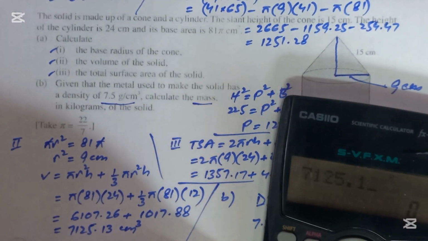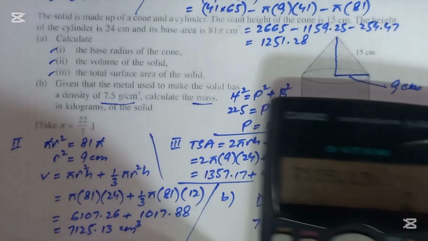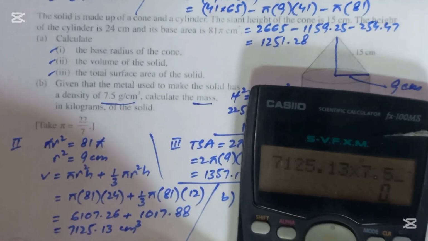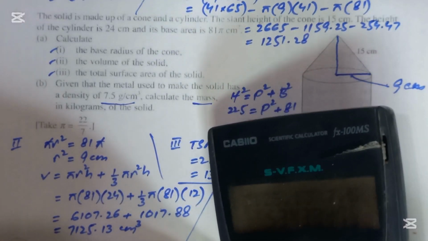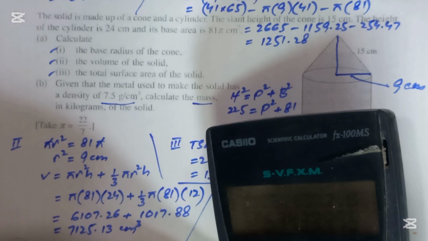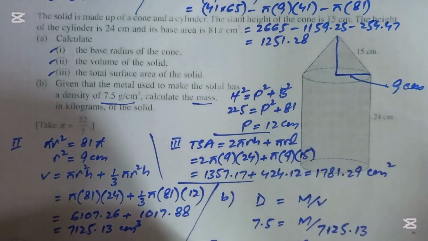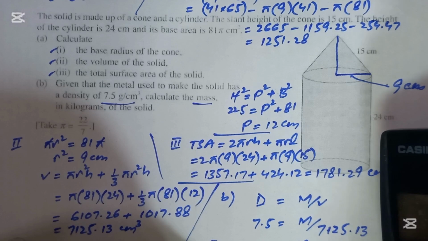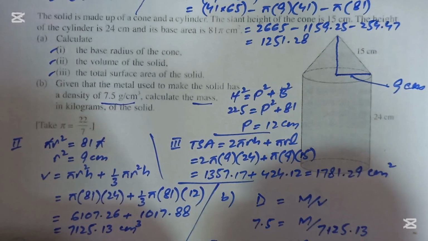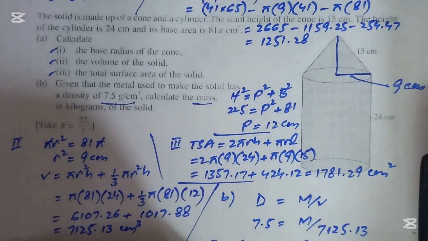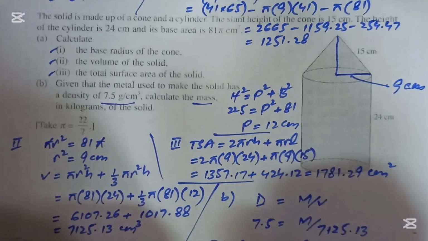7125.13 multiplied by 7.5. Answer is 53,438.475.